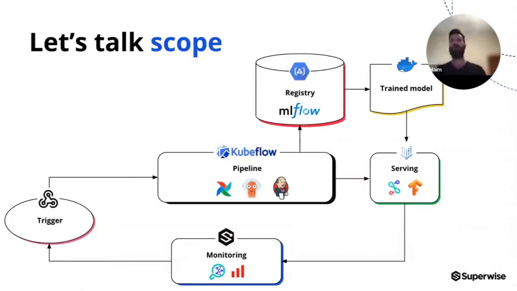We're going to use a registry to save our trained model that is going to be containerized within a Docker image. And then if we reach some level where the validation was good enough and the model behaves as we expected it to behave, then we're going to serve it to an endpoint using Google Vertex endpoints. Of course, here Seldon and TensorFlow serving and many other technologies are available.